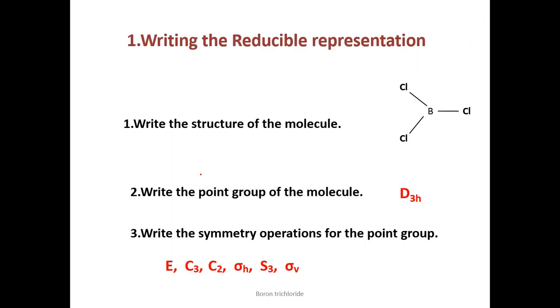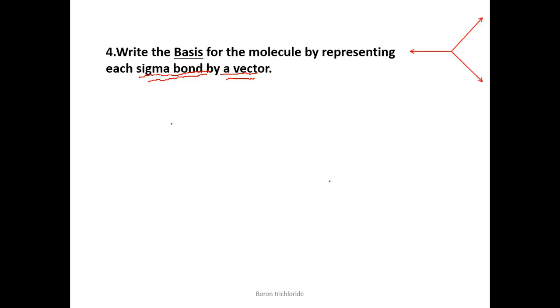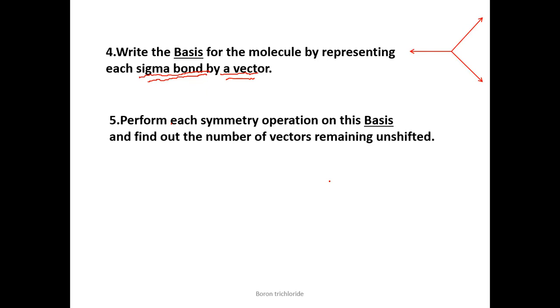What are the symmetry operations? You find the symmetry operations written down here: E, C3, C2, sigma h, S3, sigma v. All these should be carried out where? On this basis. And what has to be found out? The number of vectors remaining unshifted during operation.